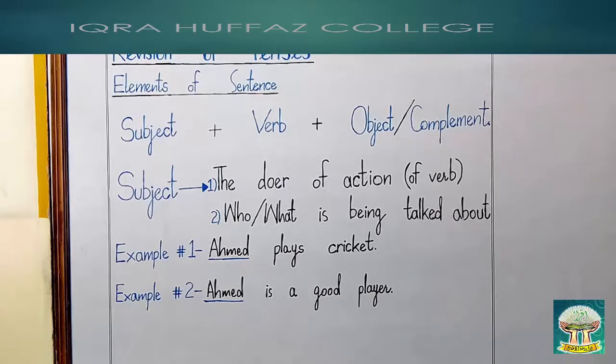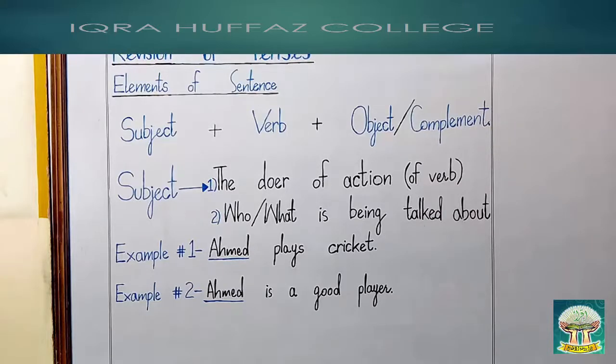Yes, you are right. Play is the action in this sentence. Now you may tell me again who performs the action of play in this sentence. Yes, very right, Ahmed. Ahmed is the doer of play in this sentence.